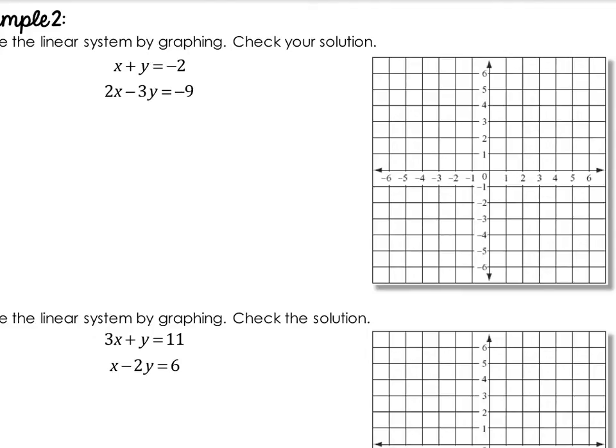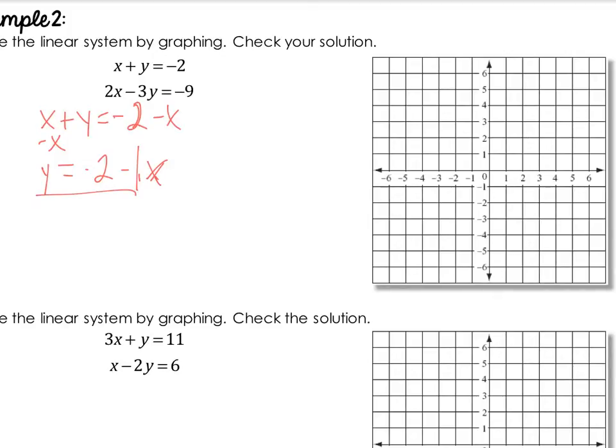Neither one of these is in graphing form, so I'll work on x plus y equals negative 2. Okay, x, we need to subtract an x from both sides. Now it's ready to graph. Y equals negative 2 minus, and I'm just going to put 1x. So let's go ahead and graph that.